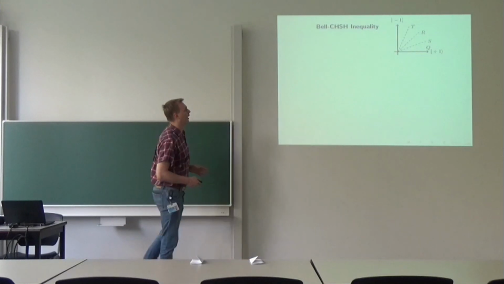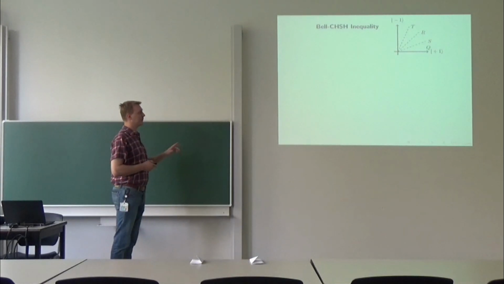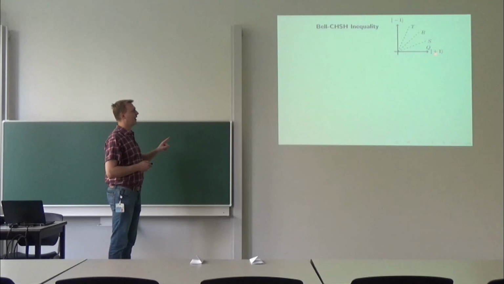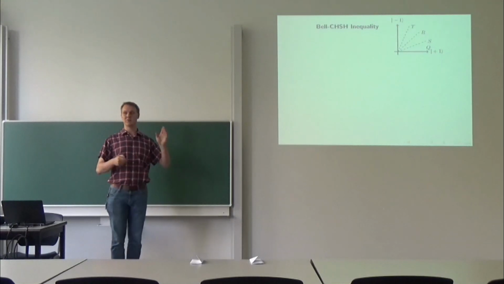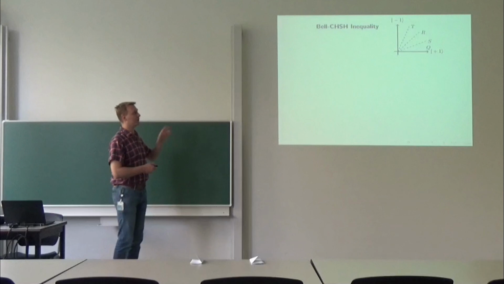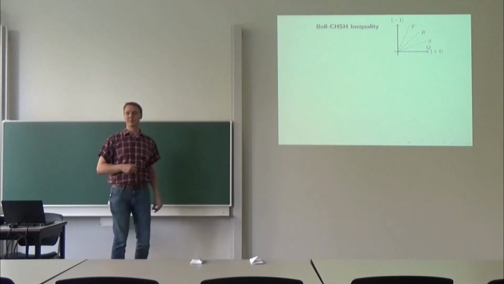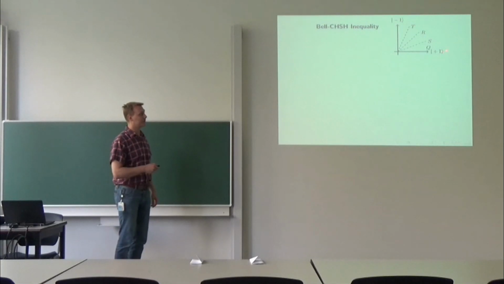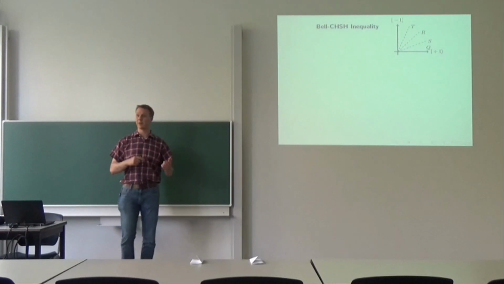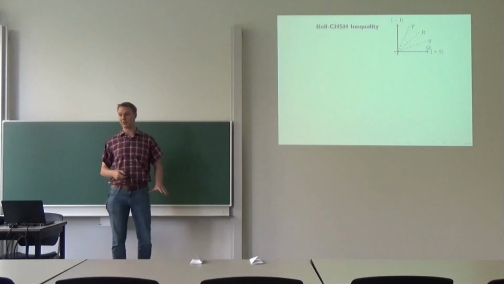And you can plot them. So, since these two basis vectors are orthogonal, we can put them onto orthogonal axes, but in practice this would be the up spin and the down spin, or the other way around, in which case you need to double all the angles.